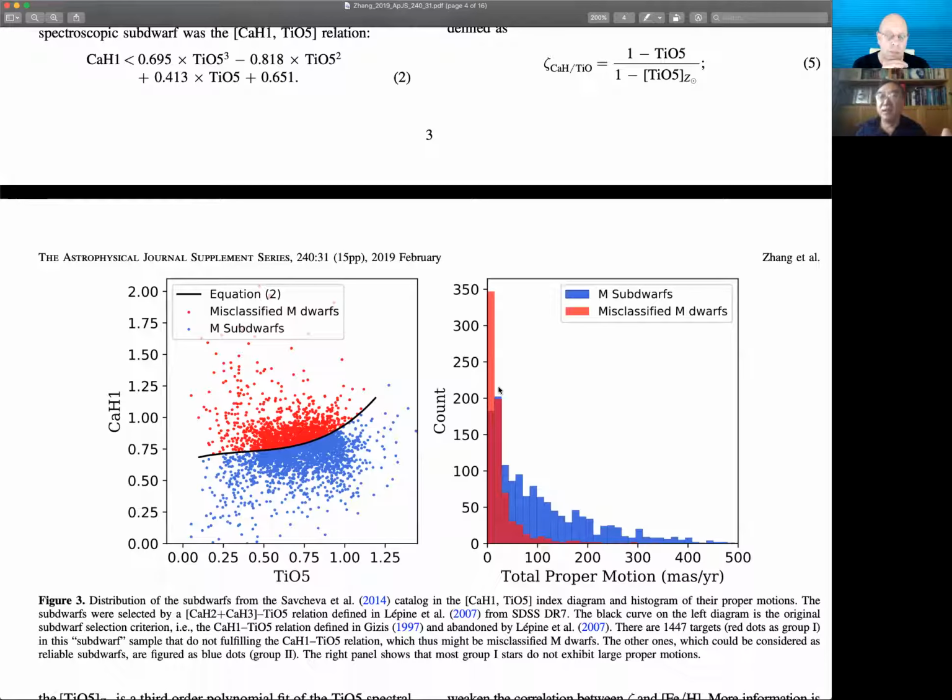So that's why there are some problems, maybe not all from the criteria of the calcium hydrides, but some of them are caused by the radial velocities, in the measurement of CaH2 and CaH3.